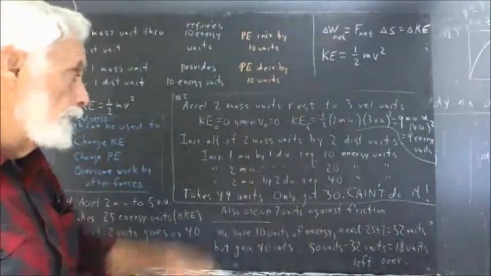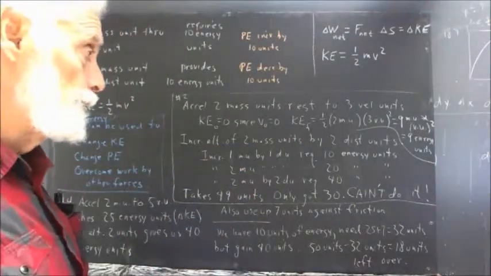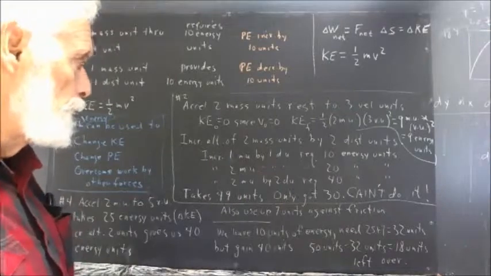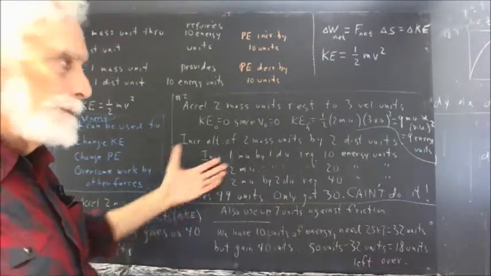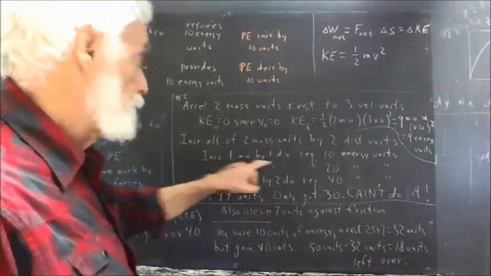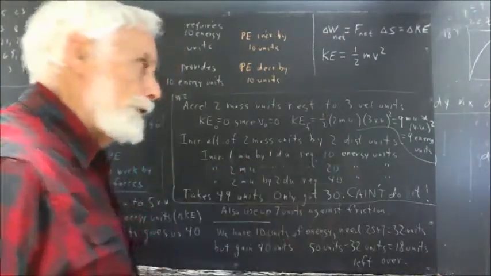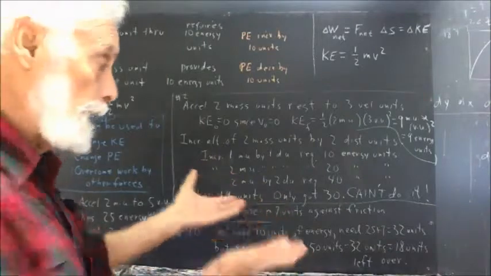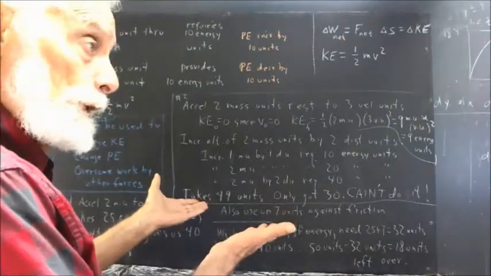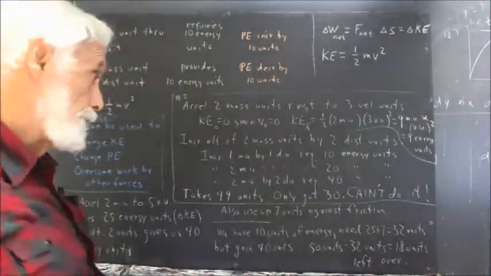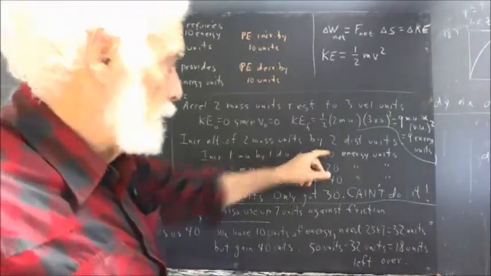Okay, we want to increase the altitude now of 2 mass units by 2 distance units. So what do we do? Well, if we increase 1 mass unit by 1 distance unit, it's going to take 10 energy units. So if we have a mass unit in each hand, we can raise 2 mass units through 1 distance unit, and each one of them is going to take 10 energy units.